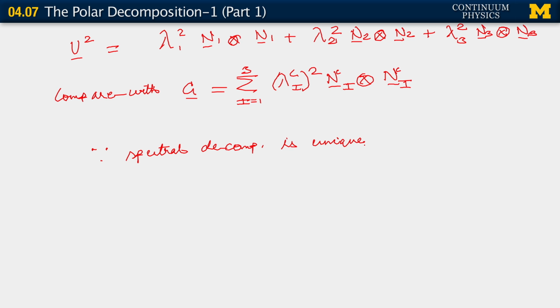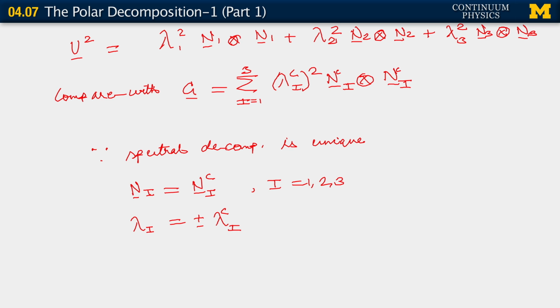When you compare U square and C, and we saw that if U exists, we've got to have U square equal C. So when you compare the first two lines of this slide, the only conclusion you can have is that the eigenvectors of U are the eigenvectors of C. Okay, and furthermore, each lambda i of U equals plus or minus lambda Ci.